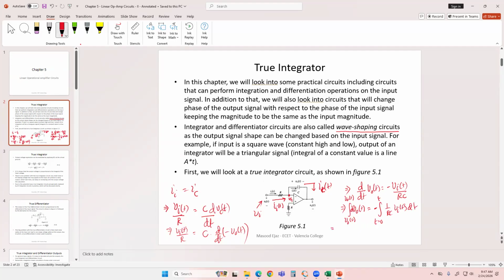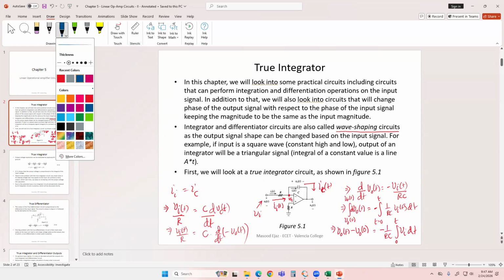So you are going to get what? Output at t minus output at the initial value 0 is equal to negative 1 over RC integral from 0 to t of V input dt.